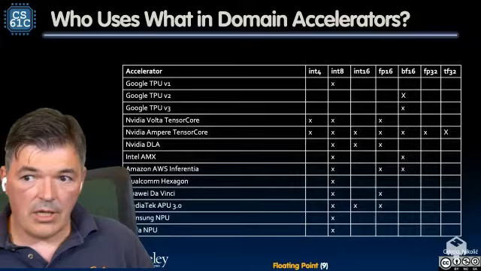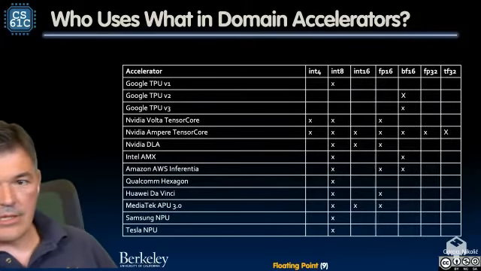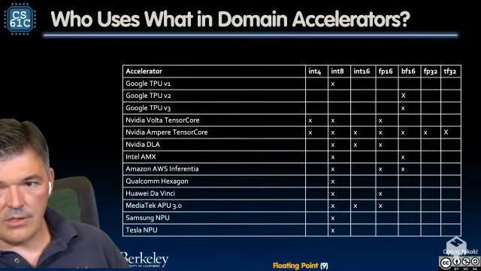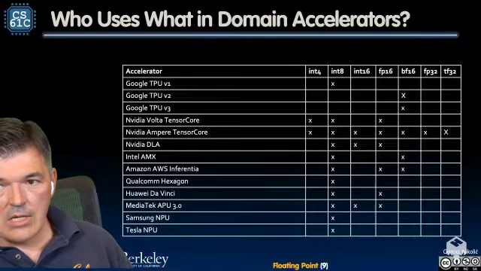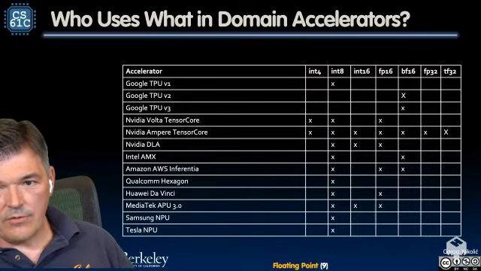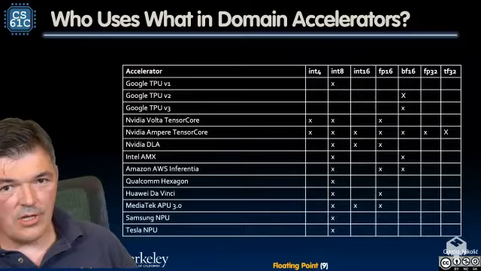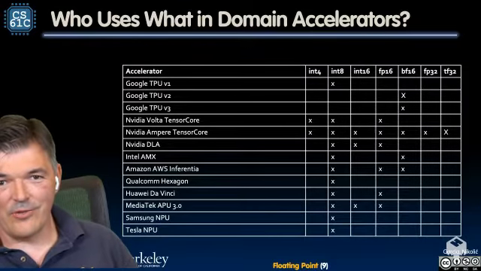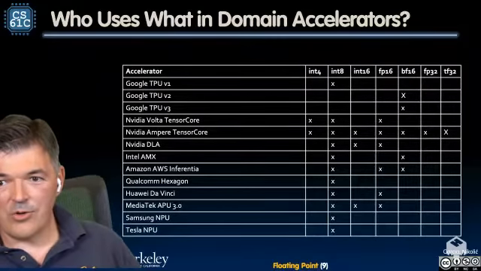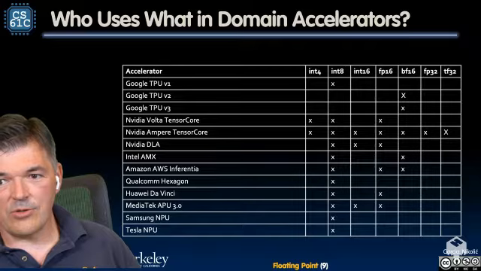Now, when we look at the hardware out there that is used for different domains, we end up with quite a bit of variety. And this is going to make everybody's life real fun. If you target one of these, how are you going to retarget your application to target something else?